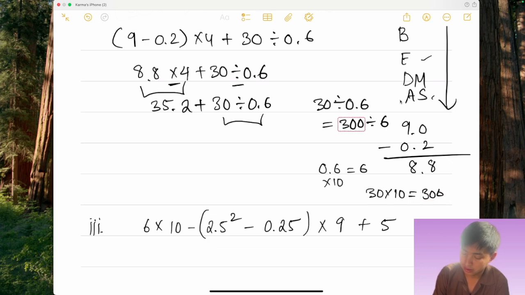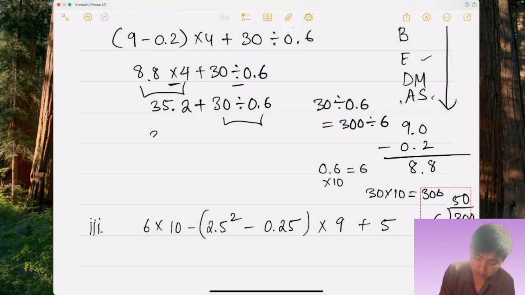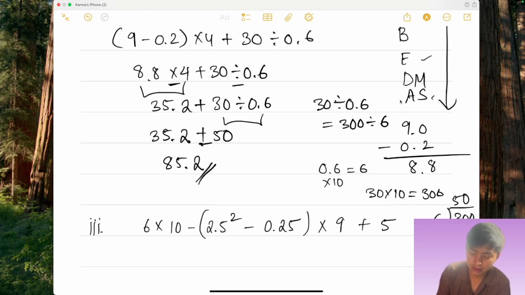We can solve 300 divided by 6 here, and we know 6 5s are 30, and then we are left with 0 0, so it's 50. So we are left with 35.2 plus the whole division, which gives us 50, and if you add, finally you'll get 85.2. So that's how you solve using the rules.